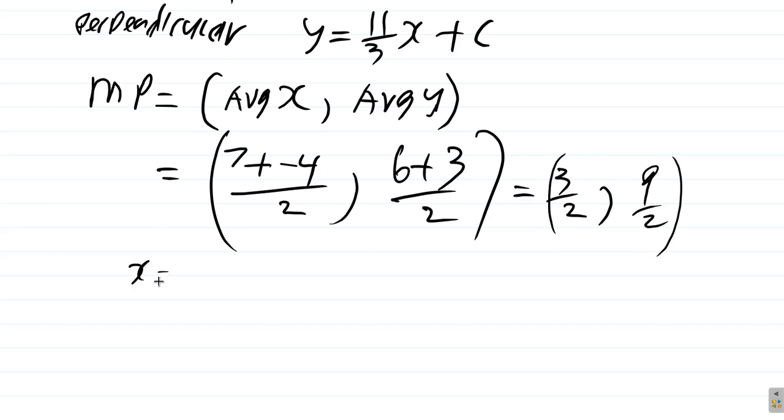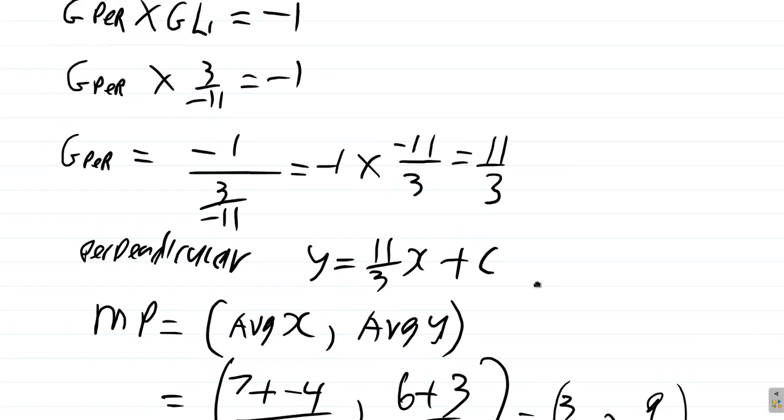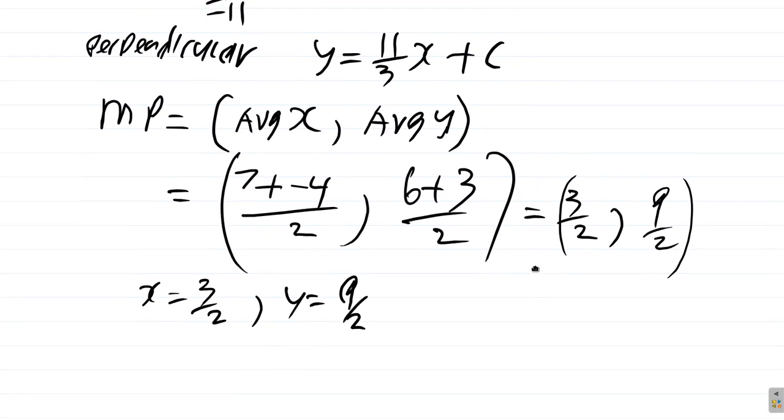So in this case, x is 3 halves, y is 9 halves. And remember, I said 3 halves because it's the same as 3 multiplied by half. But anyway, we have our x and y.